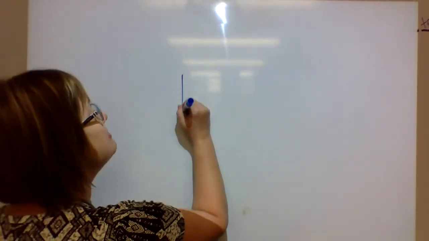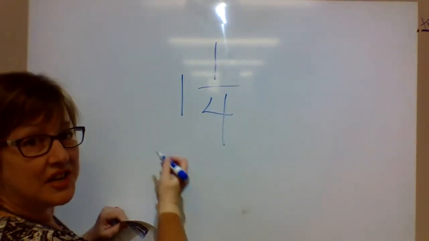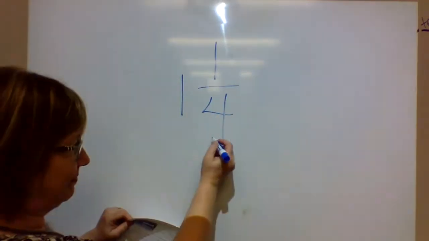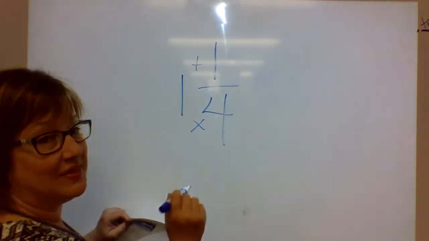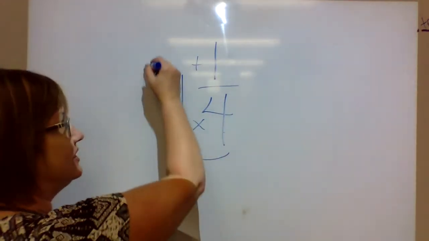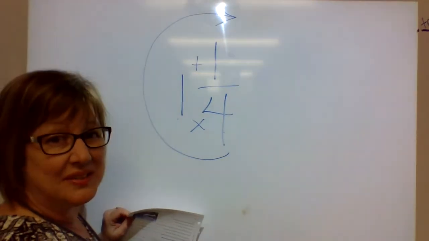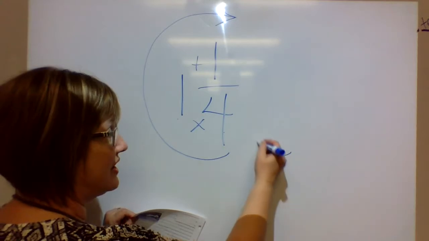Okay, so let me make this a little bit bigger just so I make sure you see it. To change an improper fraction, you do this. 4 times 1 plus this one. A teacher a few years back called it a backward C, even though to me that's not backwards, that's still a C. It's just that you're drawing it the different way.